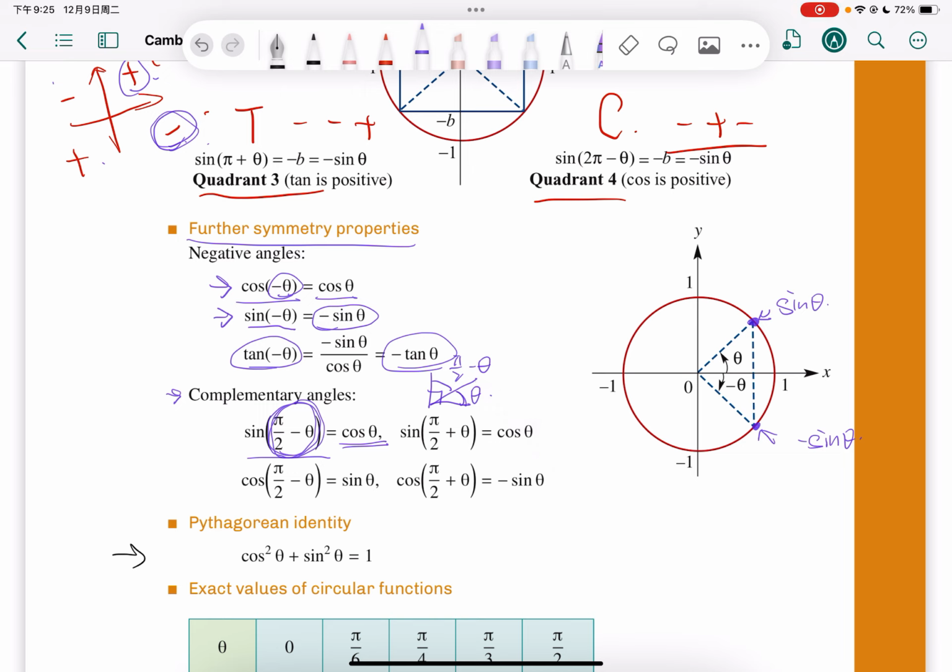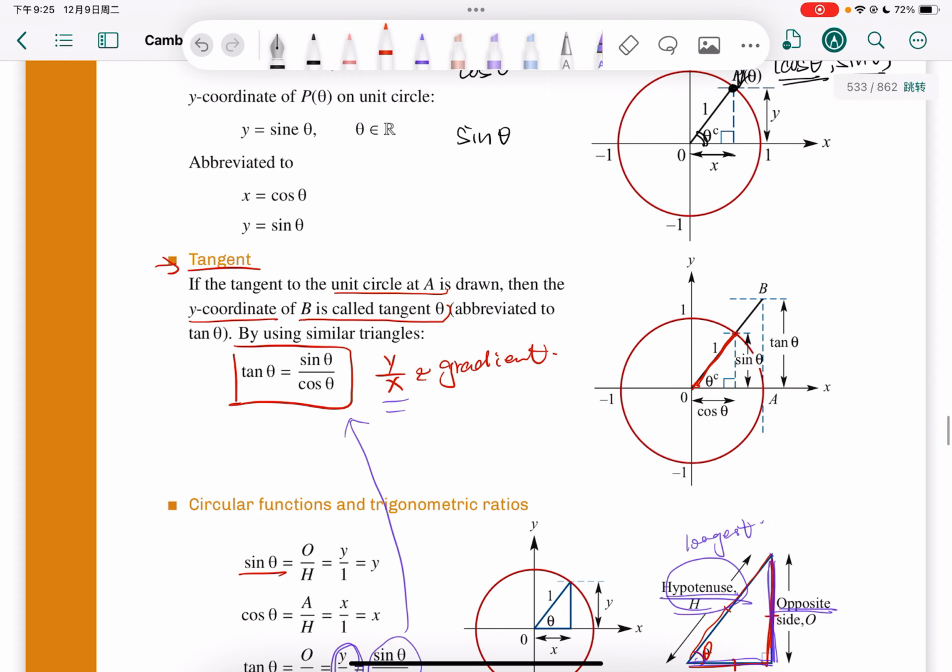Why is that? We can directly see it on the graph. If we have theta, this angle, the cos theta in this triangle, which we talked about earlier, is the x coordinate of the point.